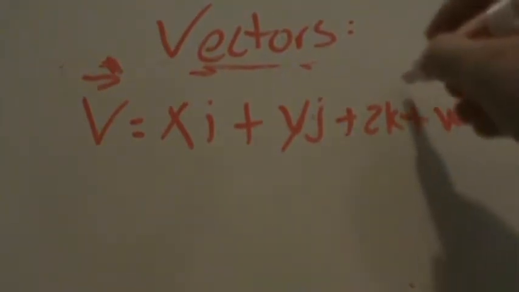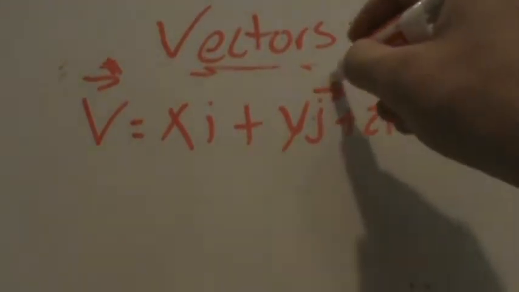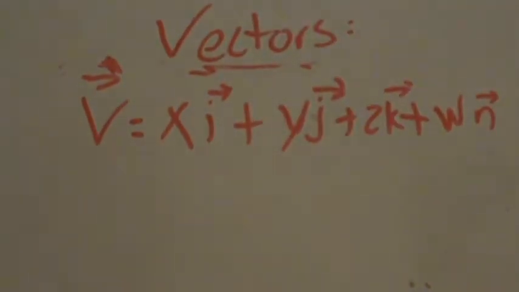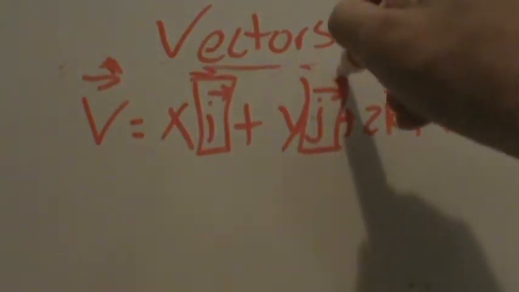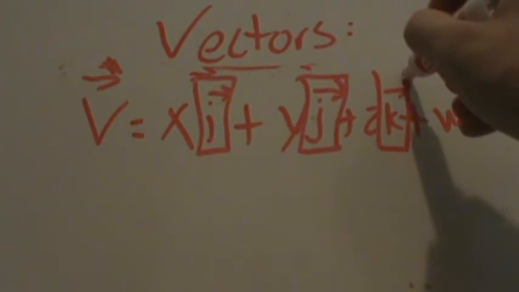Let's just say these are placeholders, right? And this is a no-no. You cannot do this because of these guys. These guys, i, j, and k, are special variables. These have been reserved.